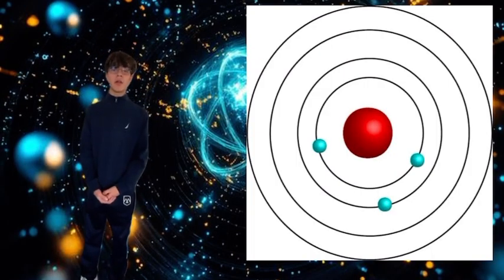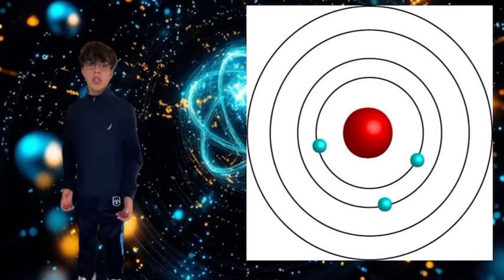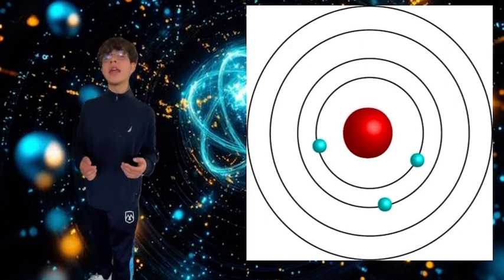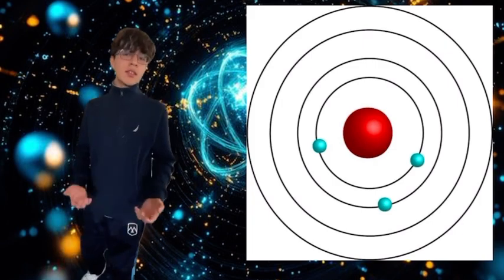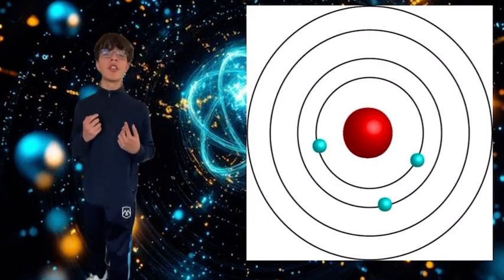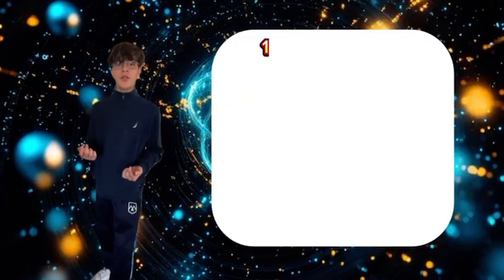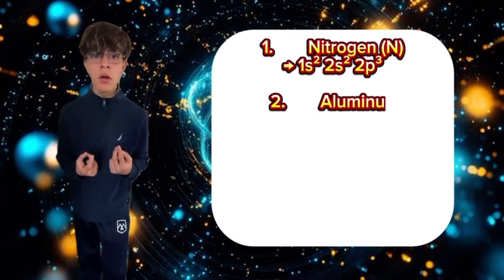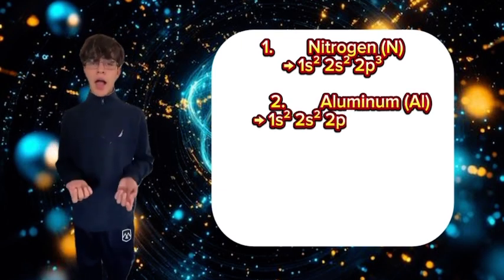Expanded configuration method. Here, we just list each sub-level with a superscript for how many electrons are in it. This is great for quick writing and analyzing electron arrangement. For example, nitrogen, or N, 1s2, 2s2, and 2p3.